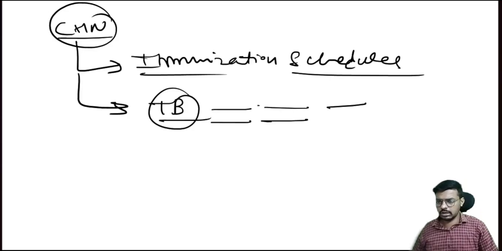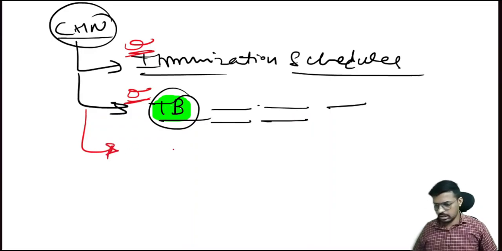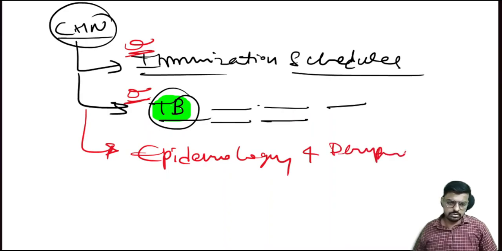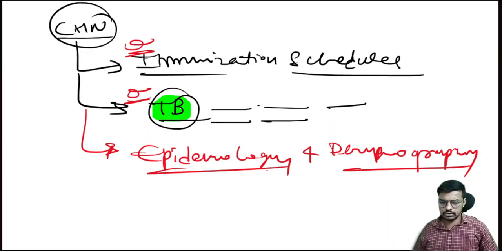So that is most commonly TB. Must revise. Immunization schedule must revise. Okay. So then comes epidemiology and demography terminologies like point prevalence, period prevalence, incidence. Just terminology superficially you people have to study here. Okay, so that is important.